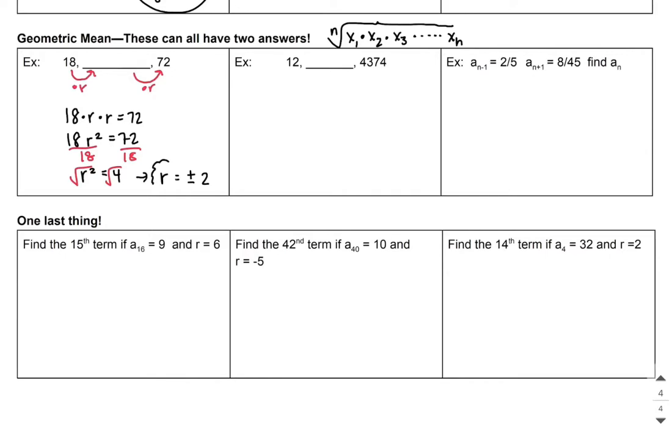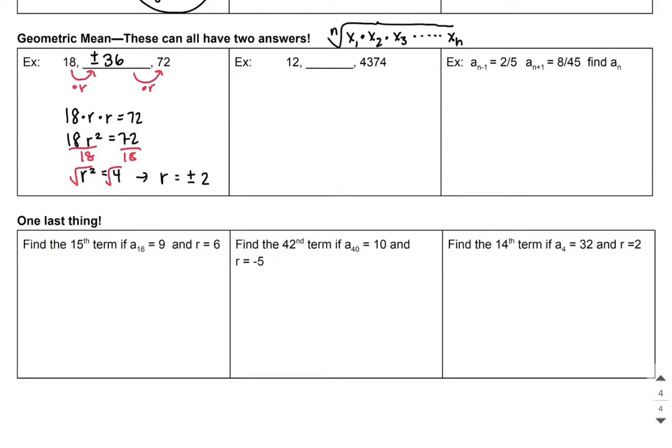So I have r is equal to plus or minus 2. So I could either multiply 18 by 2 to get 36, or multiply it by -2 to get -36. So both 36 and -36 are my possibilities for what could be in between 18 and 72.